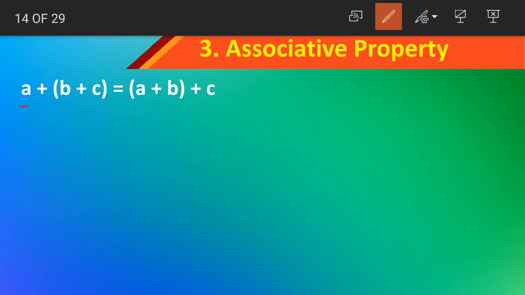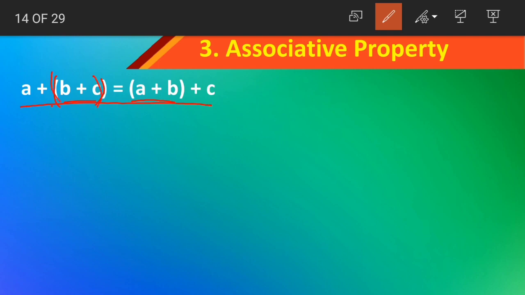First, for addition, the associative property should satisfy this condition: a plus of b plus c. Here b plus c is in the brackets, right? In the RHS equation, what we'll do is, we'll change the brackets and we'll put the brackets around a plus b. Are you seeing here?